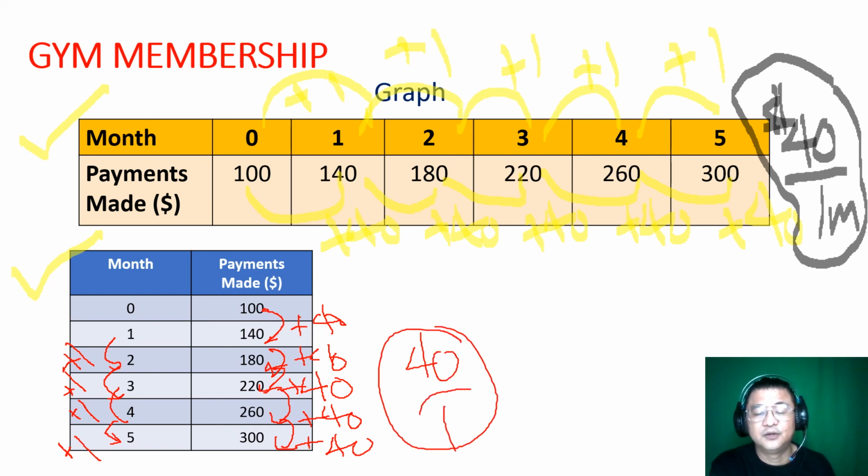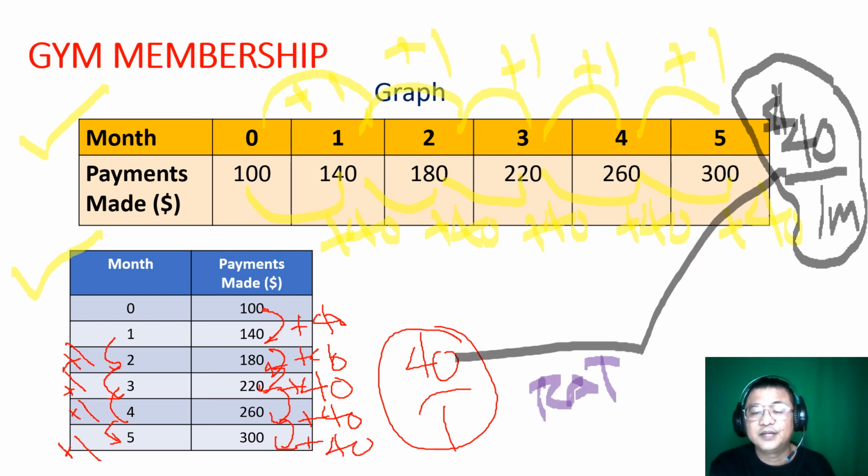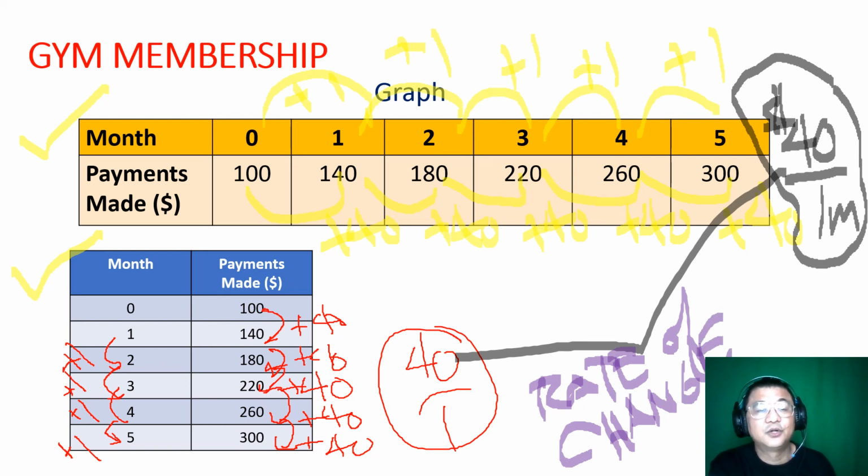Okay, now let's think of two vocabularies again. That 40 over 1, that 40 over 1, this one and that one is now called the rate of change. Okay, that's the change for every month. Now, look at the zero, the starting point.